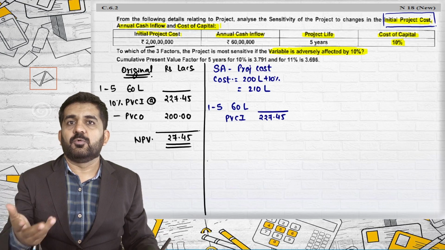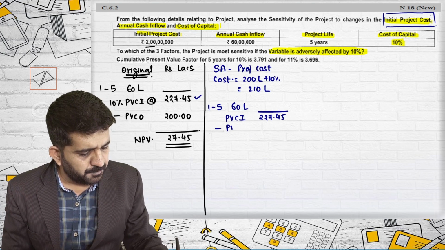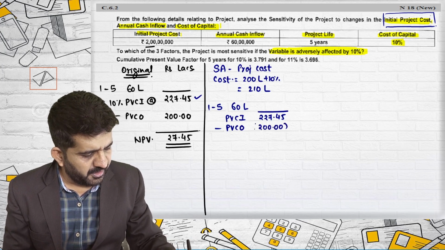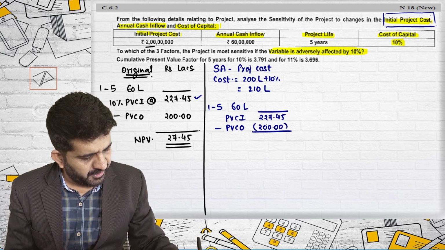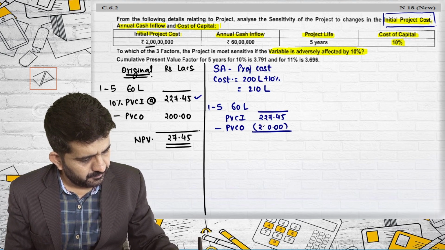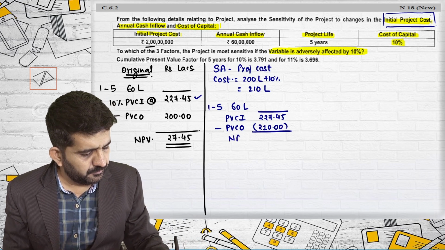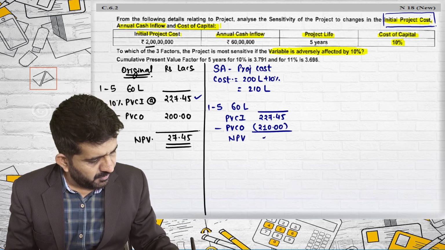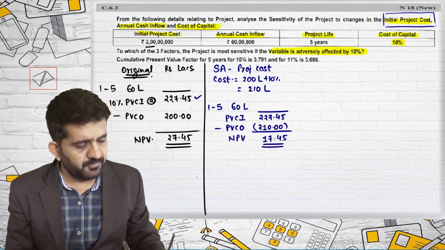Don't again find it out. You have already found it out over here. Nothing has changed. Minus present value of cash outflow has changed, which was 200 lakhs, now 210 lakhs. So my NPV, if project cost increases by 10%, will be 17.45.